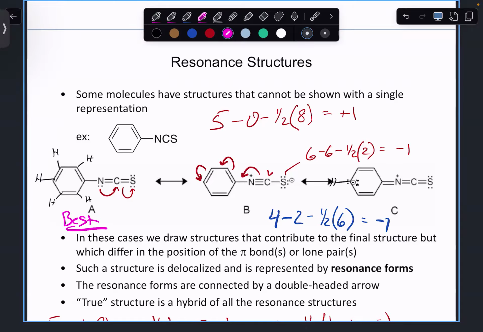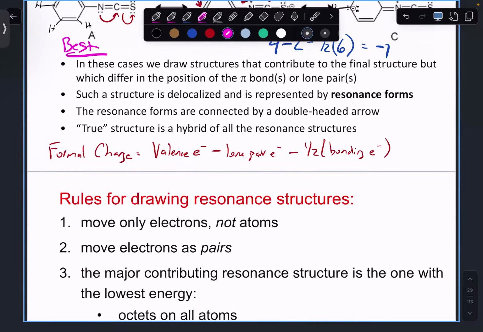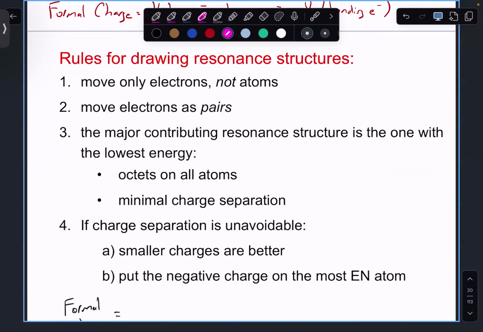Well, this one has a +1 and a -1. This one has a +1 and a -1. So we have kind of equal charge distribution in both B and C. When that's the case, we want the negative charge on the more electronegative atom.